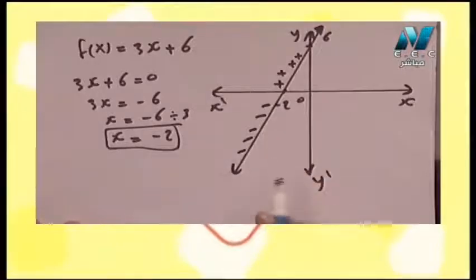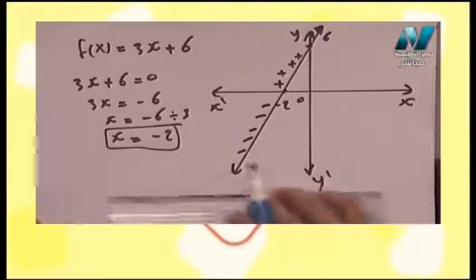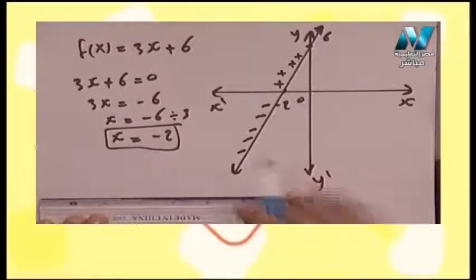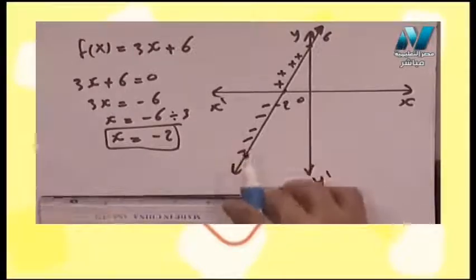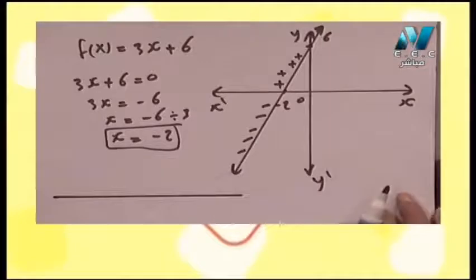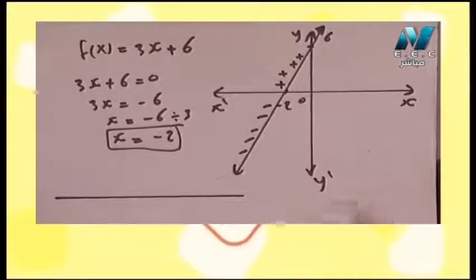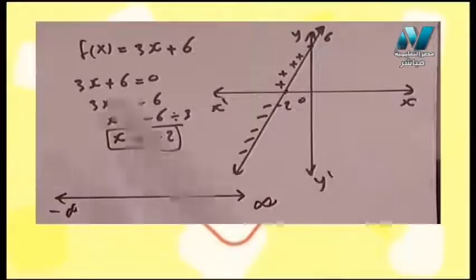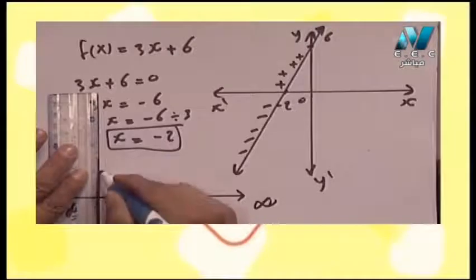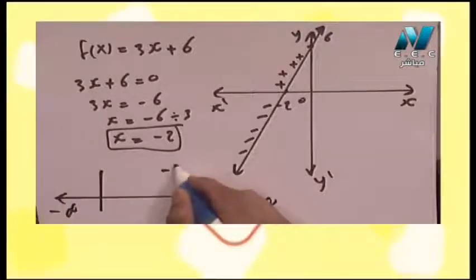So if we divide these parts, we can draw the number line here like that. We have negative infinity and positive infinity, and we have negative 2 here.